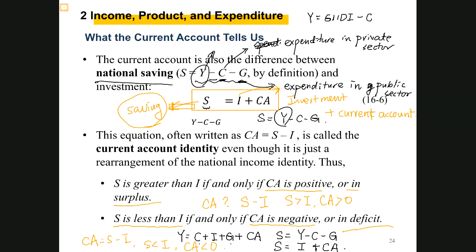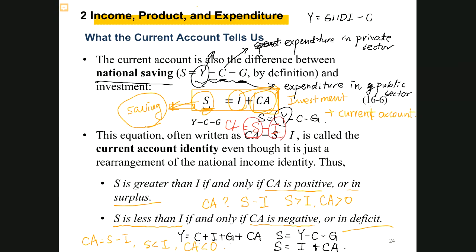So I just manipulate the accounting equation here, right? I define a new term called S. That's called saving, right? And given the definition of saving, I know saving is equal to the investment plus the current account, right? And then using algebra, I know current account is equal to the difference between saving and investment.